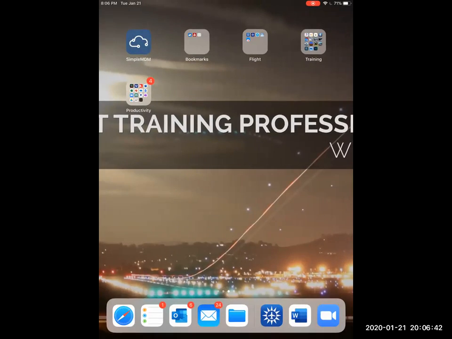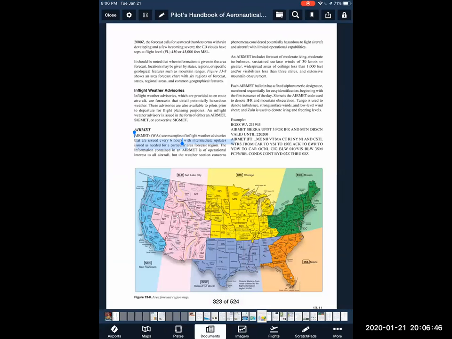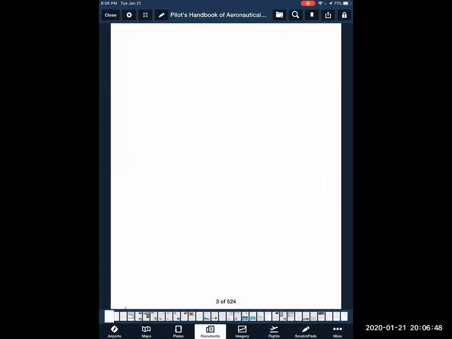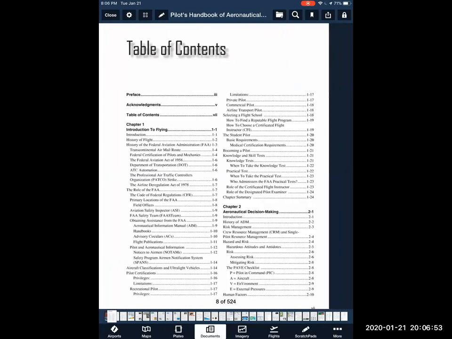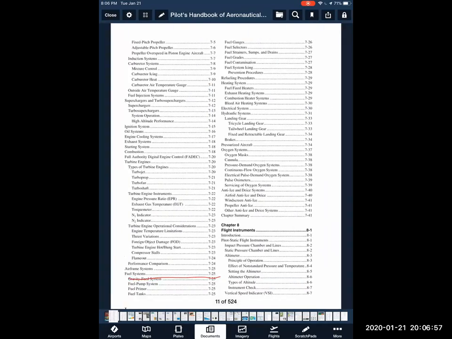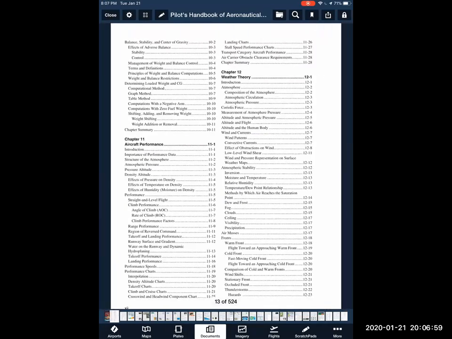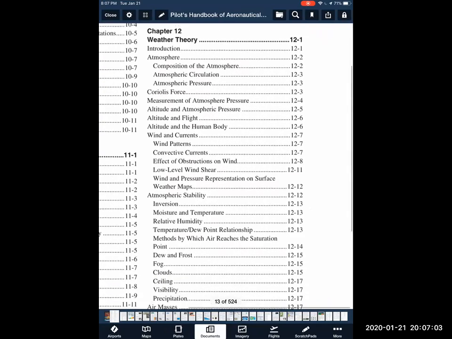Well, let's go back to some sources and see if we can't get some information about this. So once again, let's go to the Pilot's Handbook of Aeronautical Knowledge, look at the table of contents and see if we can't find anything in relationship specifically to fog in this case. Now, this time we're not looking at aviation weather services, we're looking at weather theory. So if we scroll down, let's look for some fog.